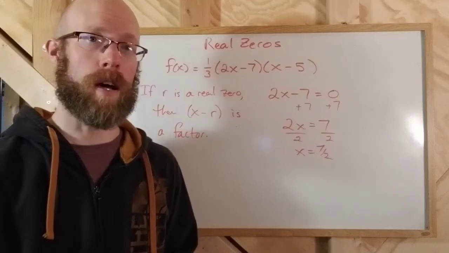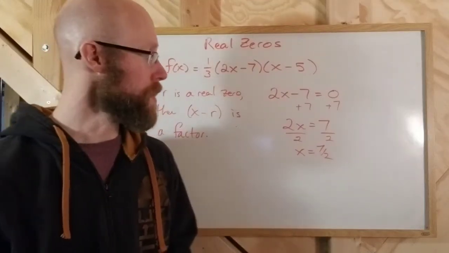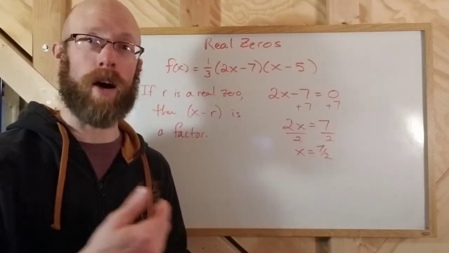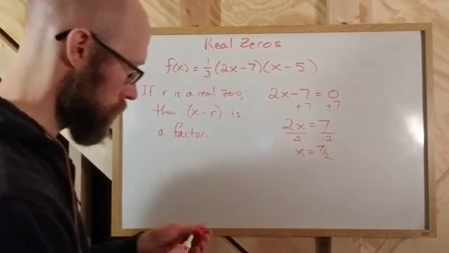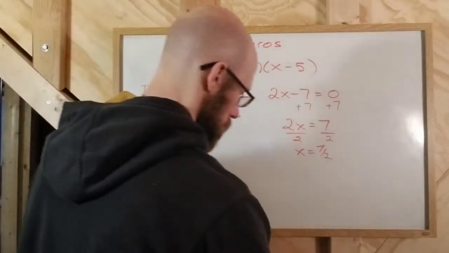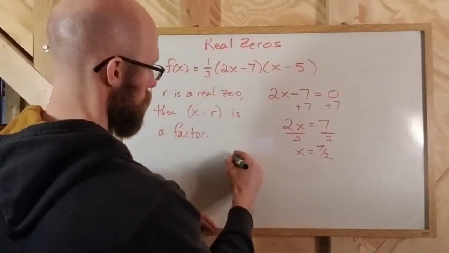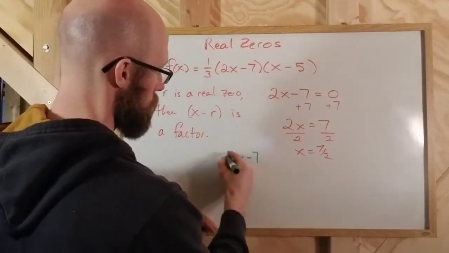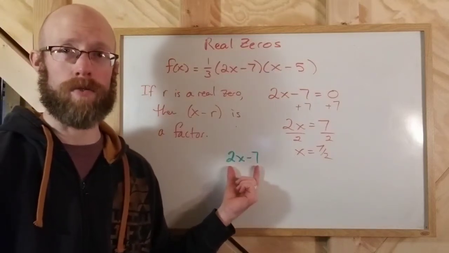But interestingly enough, one can be written as the other if you were to consider factoring out a 2 from the original factor. So consider this. If you were to take the factor 2x minus 7 and consider that there's a common factor of 2.